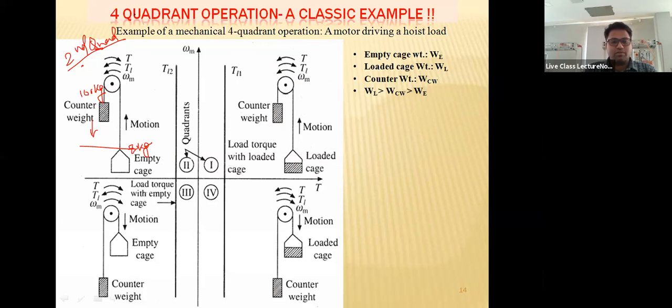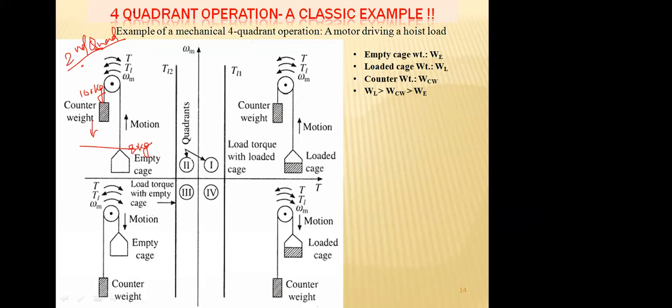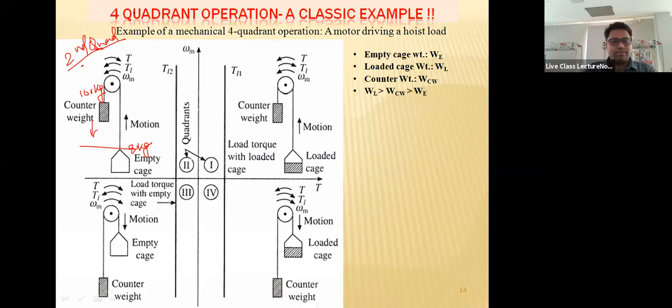The counterweight will fall down rapidly, and the empty cage will try to accelerate upwards fast, because an extra 20 kgs are there on the counterweight side, right? So in order to keep the cage going up at a lower speed, the motor has to operate in the other direction.